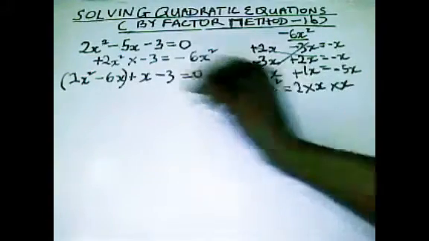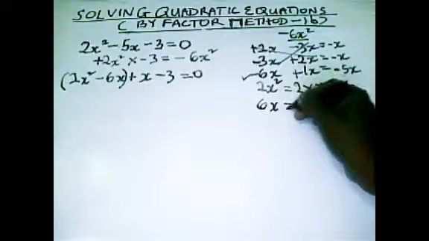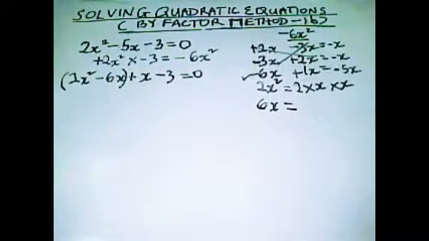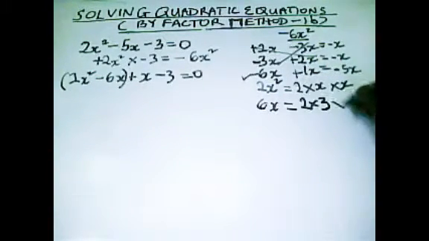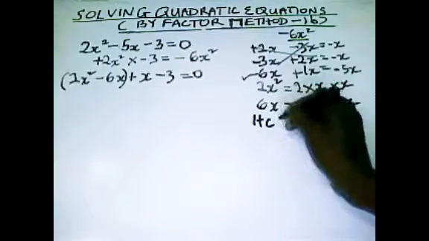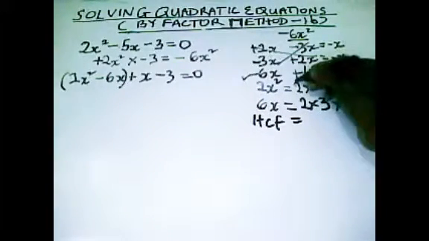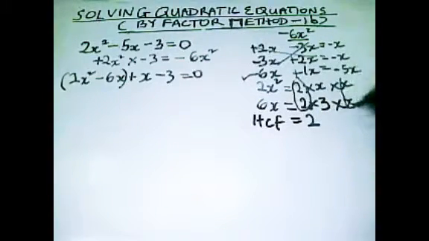The next one there, which is minus 6x, we take out the 6x and write it as a product of its prime numbers. So we have 2 times 3, which gives us 6, then finally times x. So the HCF in this case is going to be, the first number here is 2, then the next is x. So we have the HCF as 2x.